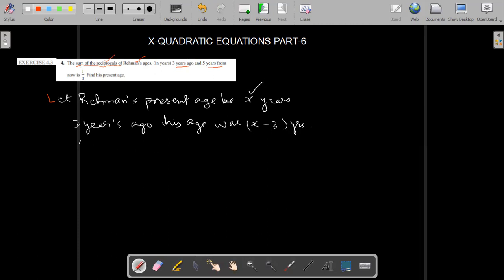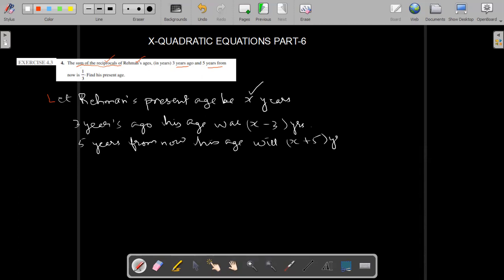So 5 years from now, that is after 5 years, his age will be X plus 5, as 5 years will be added.